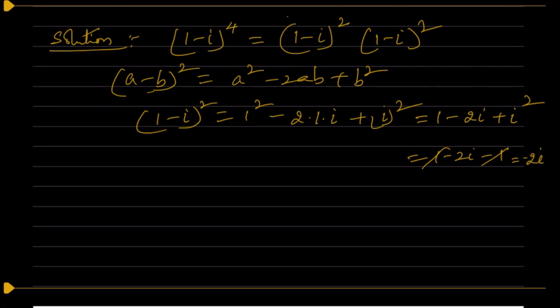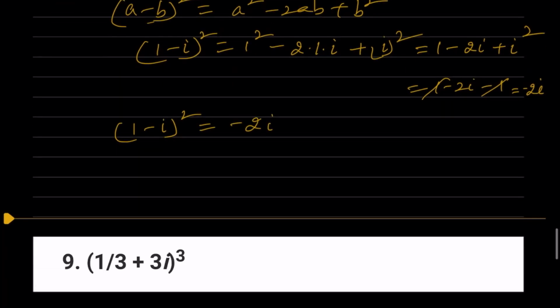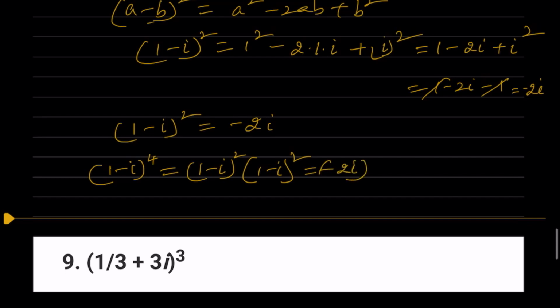So (1 minus i) to the power of 4 is minus 2i into minus 2i, which is 4i square, which is equal to minus 4, since i square is equal to minus 1.